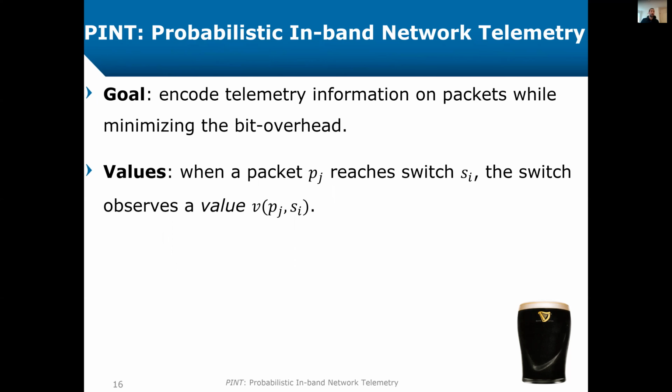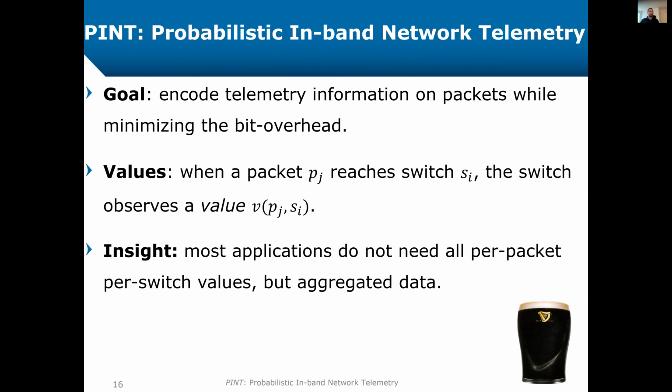And the insight behind PINT, like the reason why we think that in many cases we can improve over INT, is that a lot of the applications don't actually need all of the data that INT collects. So INT gives you all of the per packet, per switch values, which you may not need, right? So we need some aggregated form of them, for example, to determine the sending rate. And if we can do the aggregation in the network, we can save a lot. PINT is implemented in P4, and it should be compilable to different programmable devices.